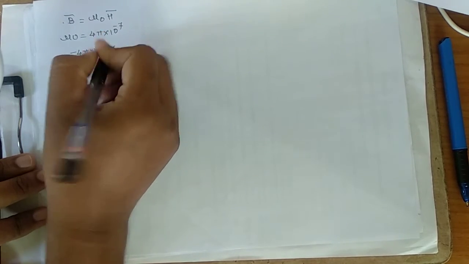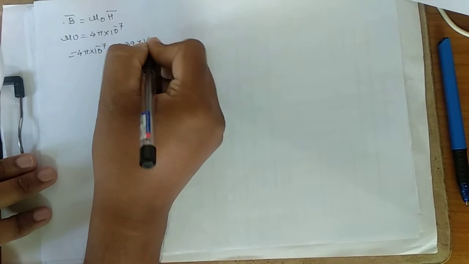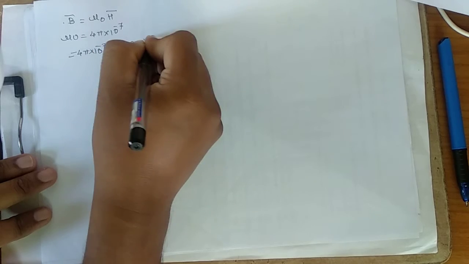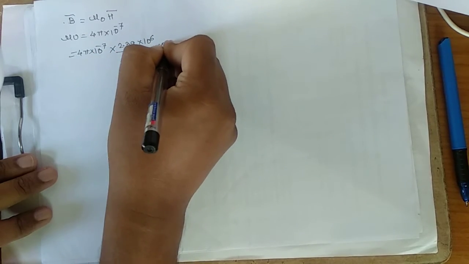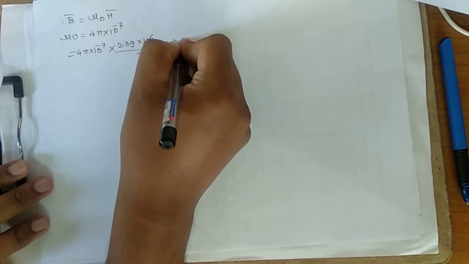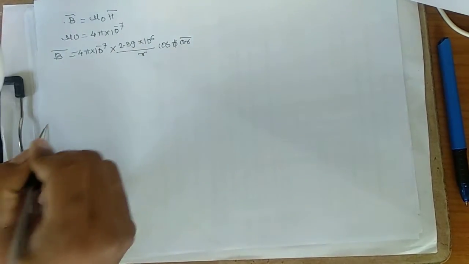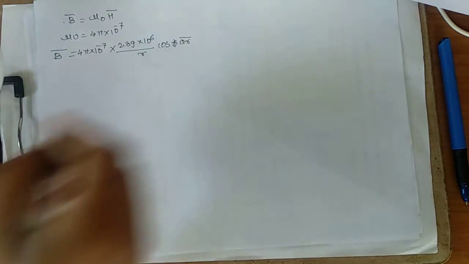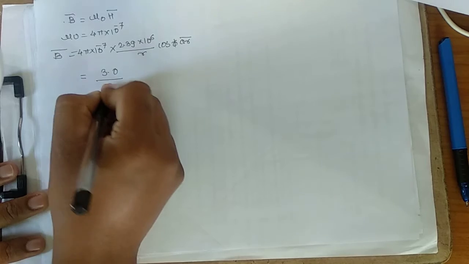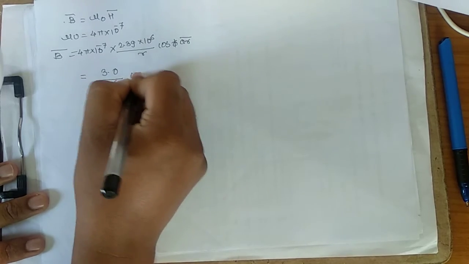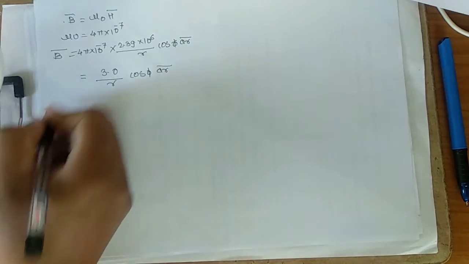What is H bar? They have given 2.39 into 10 raised to 6 divided by R cos phi AR bar. Okay, that is B bar. If you simplify this, you will get 3.0 divided by R cos phi AR bar. You just do this calculation, and you will get the value of B bar.